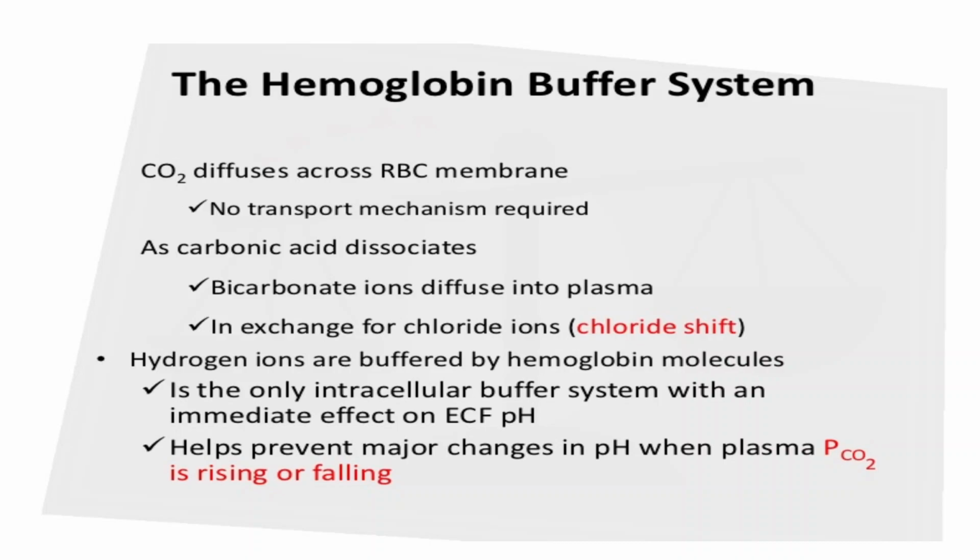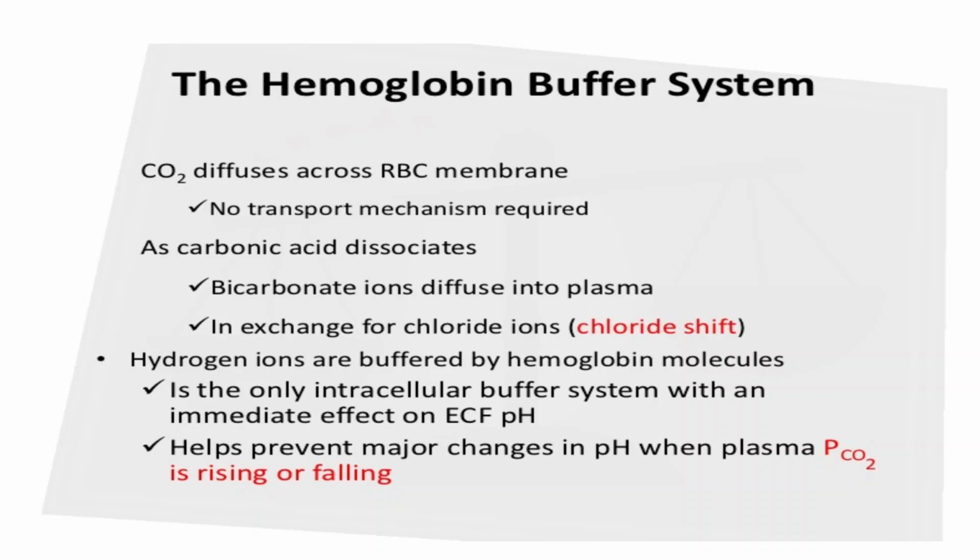Hemoglobin buffer system works by regulating the concentration of carbon dioxide and oxygen. See, the major function of the hemoglobin is to bind to the oxygen and carry it to the tissue, and at the tissue level release the oxygen, bind to carbon dioxide, and bring it to the lung tissue.